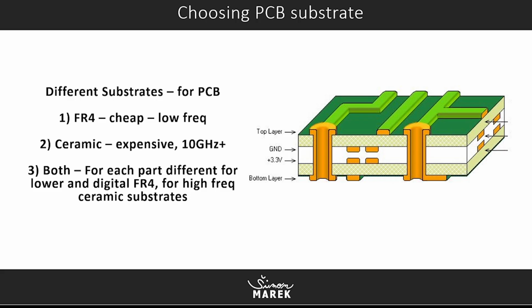Ceramic is expensive and can go to very high frequencies, and it's quite a requirement for high power and RF circuitry. So ceramic is very nice for high frequency circuits. Then there is another option, a combination, which is mainly for mixed signal boards, and this is FR4 and ceramic substrate.